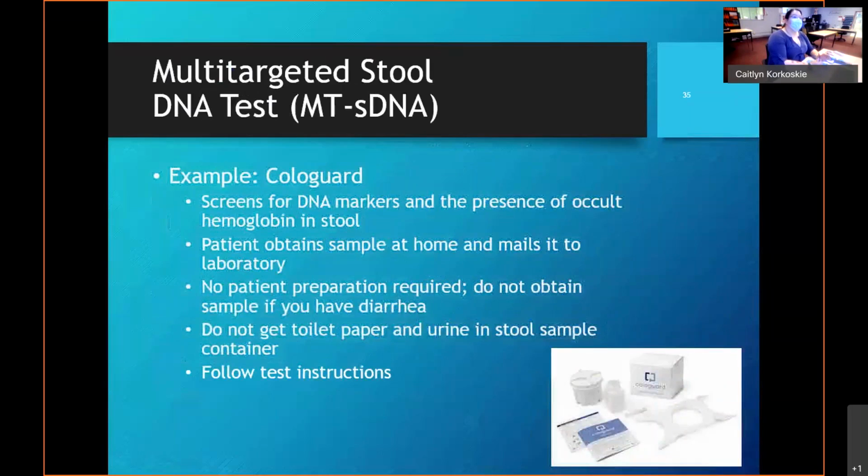An alternative to a colonoscopy that patients can sometimes do is something called Cologuard. This is an at-home test, a whole kit that gets sent to the patient from Cologuard. It has all the instructions for what the patient needs to do.